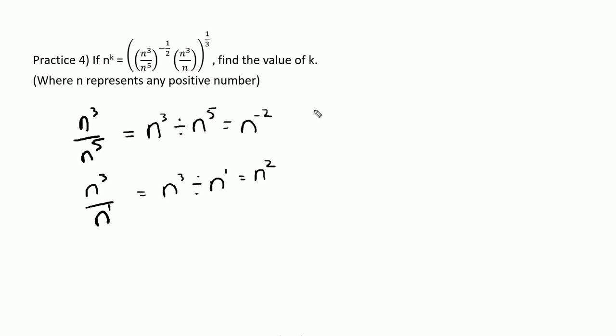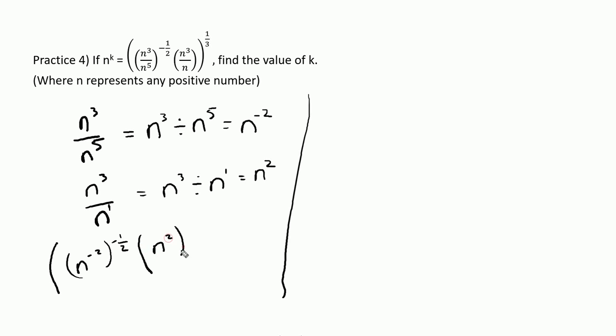So now rewriting this problem, we end up with n to the minus 2 to the minus a half times by n squared, all to the power of a third.